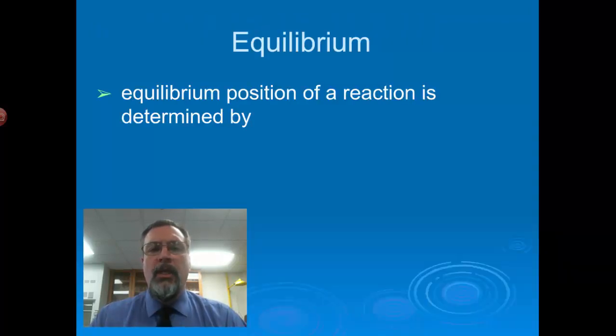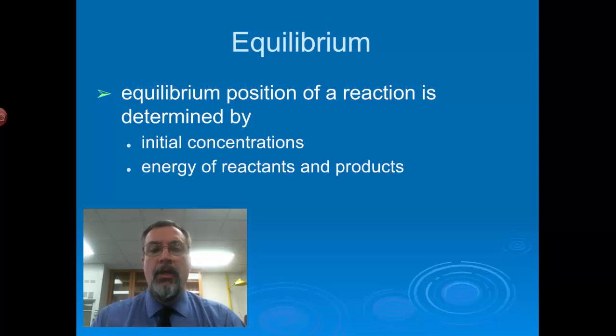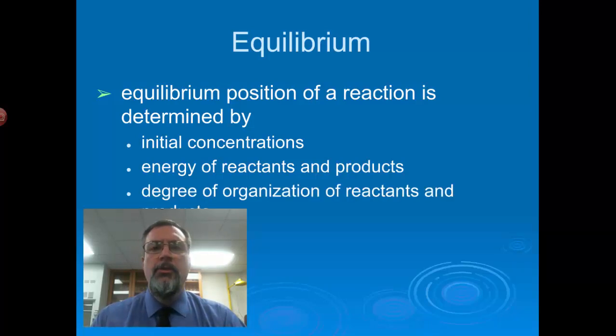So the equilibrium position of a reaction is determined by some factors. First, the initial concentrations. Okay? The energy of reactants and products is going to be a factor here, whether or not the forward reaction is endothermic or exothermic, and vice versa. The degree of organization, in other words, are you becoming more ordered or less ordered as you go from one side of the reaction to the other?